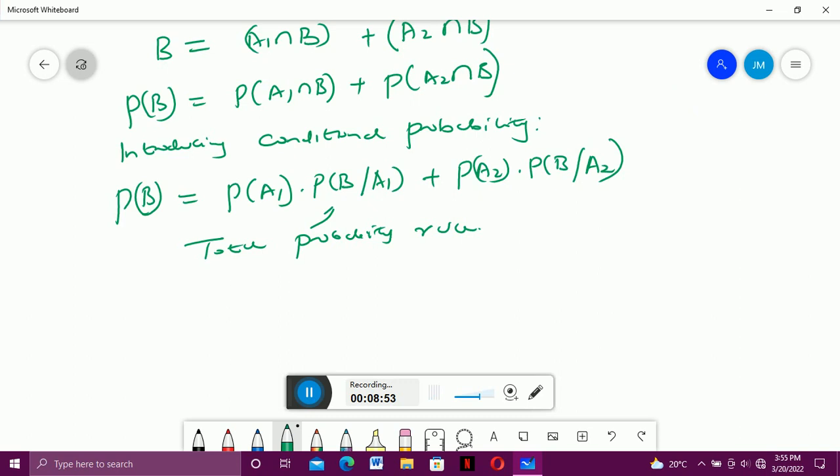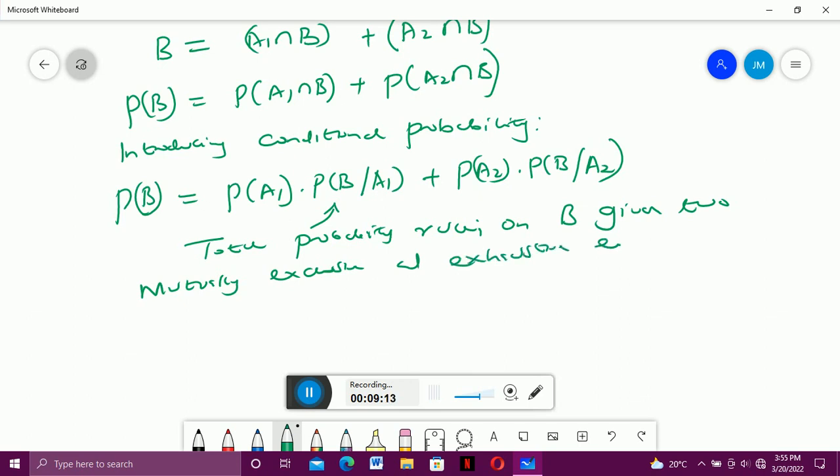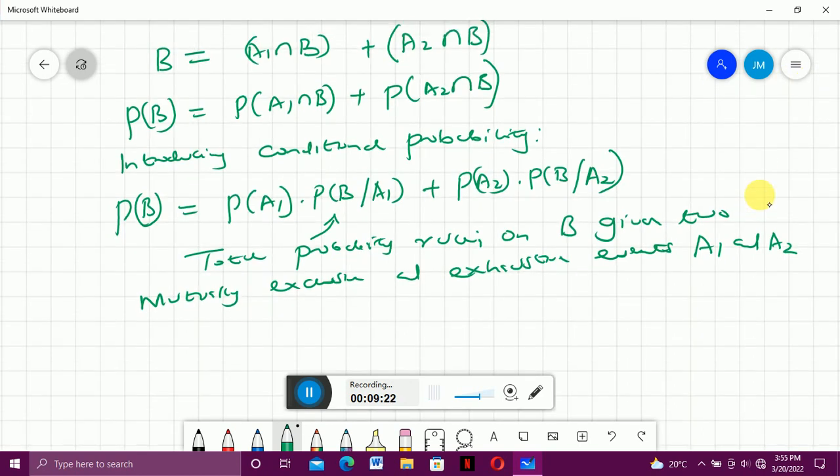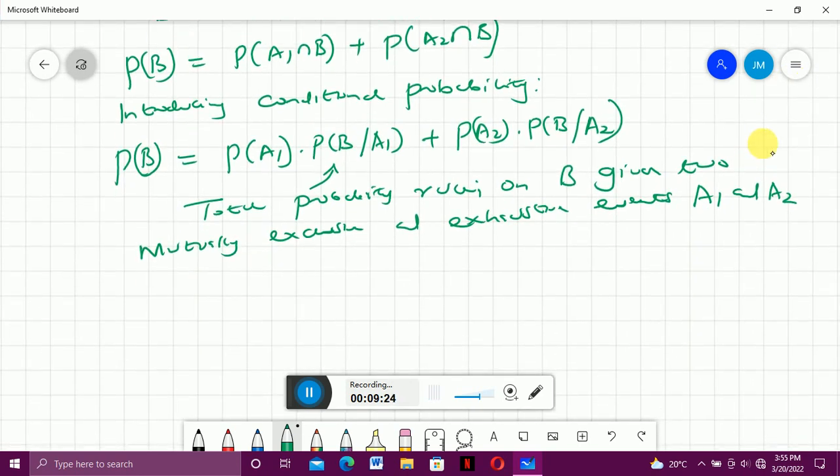So what we have written here is total probability rule on B given two mutually exclusive and exhaustive events A1 and A2. Now, rules in mathematics are written in general.